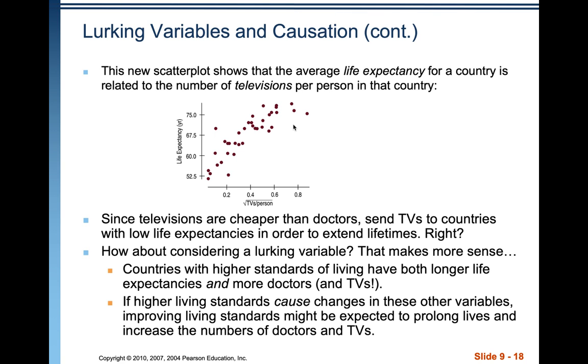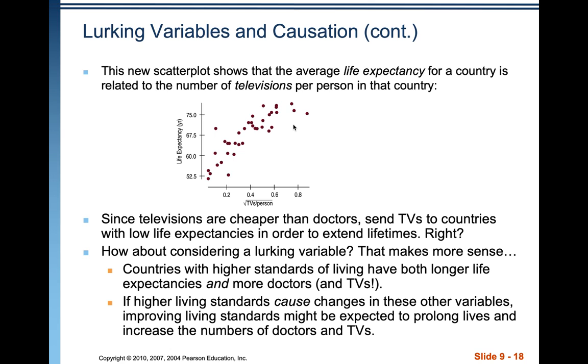Well, here's what is probably actually the truth. Countries that have higher standards of living have more doctors per person and more televisions per person, and they also have higher life expectancies for myriad reasons.